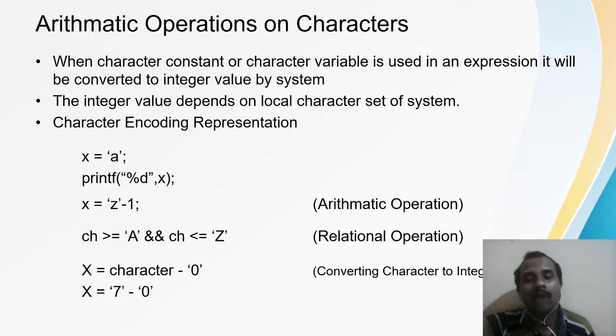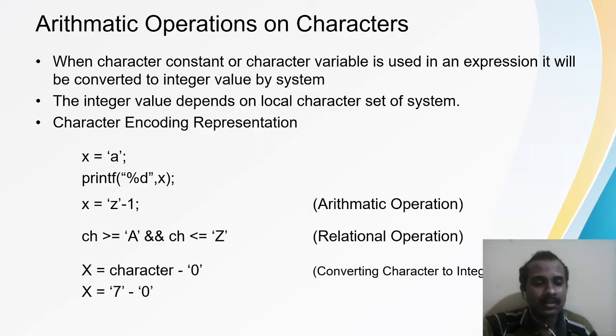How they are converted depends on the local character set used by your system. If your system uses ASCII, it will be converted using ASCII. If it is using BCD, that is binary coded decimal, it will be converted to BCD. If it is using UTF-8, 16 or 32, it will be converted to those representations.